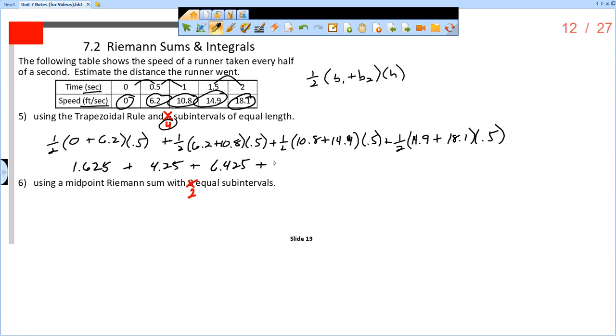And so that gets me 8.25. And so then I'm going to add all of those together. So 8.25 plus 1.625 plus 4.25 plus 6.425, and that gets me 20.55.